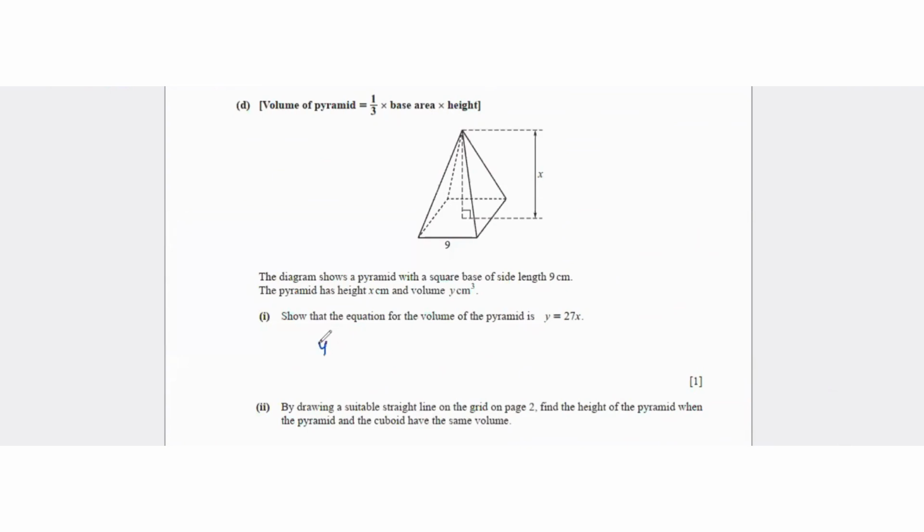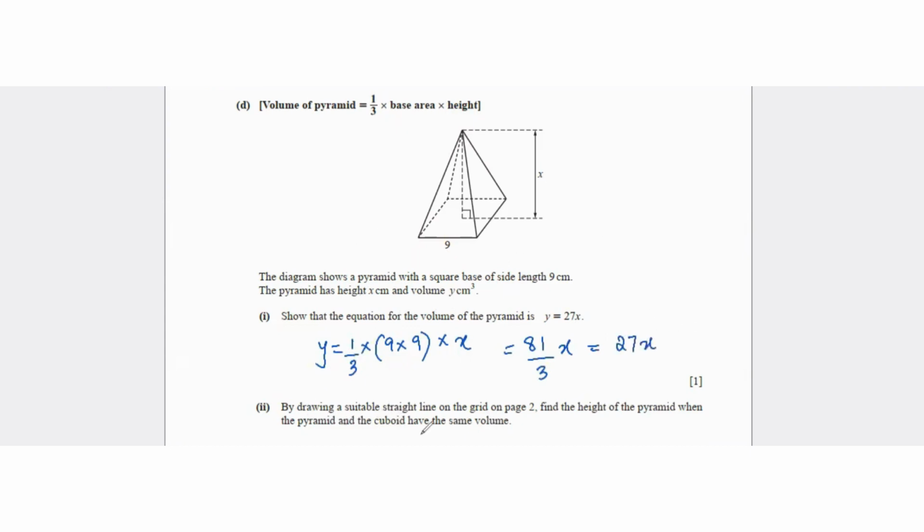So y would equal 1/3 times 9 times 9, which is going to be the base area, times x. 9 times 9 is 81. 81 divided by 3 times x, which is 27x.